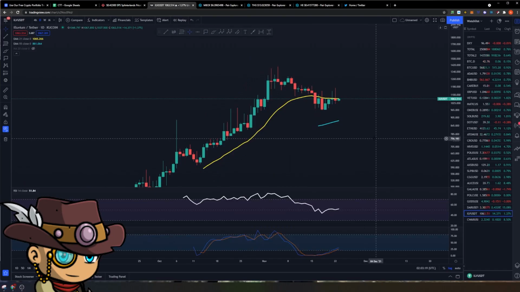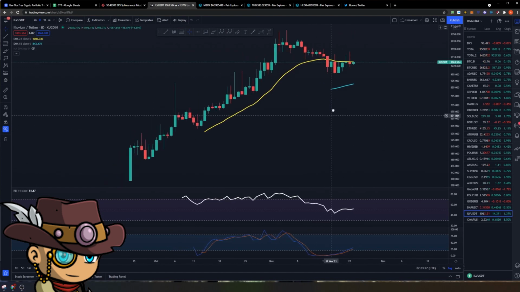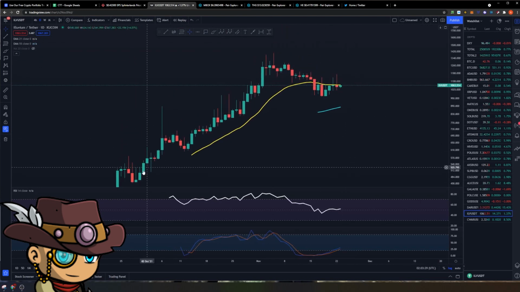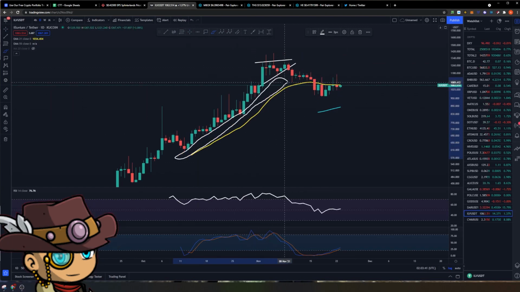So looking at Illuvium on a daily time frame, as we can see, it's not much to talk about because when it got listed in some exchanges, it was pretty new. So I only have the data until here right now. But for Illuvium, what happened is we just kept going up and up. But throughout that time though, we kept being overextended with our EMAs right here.